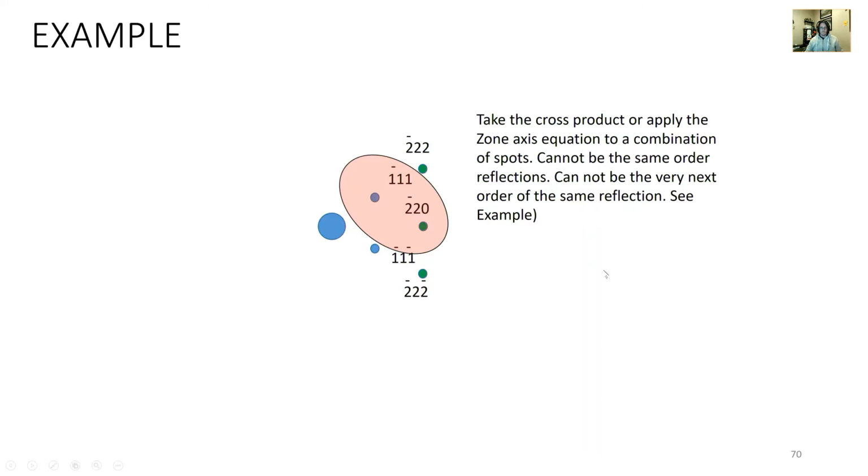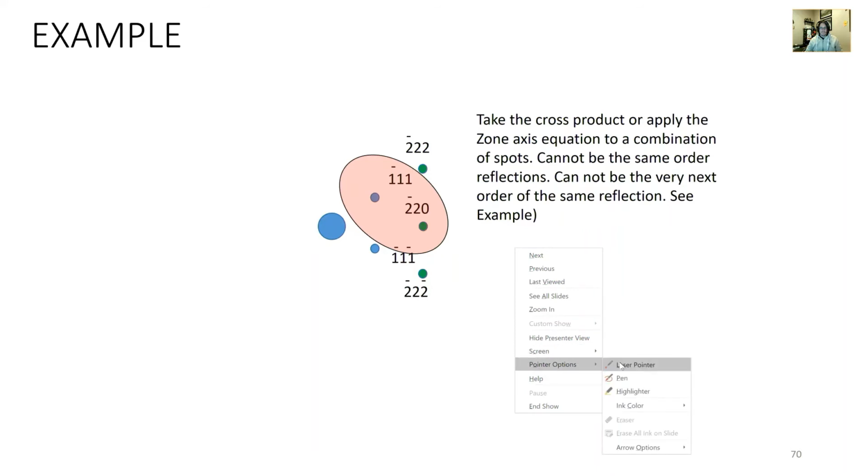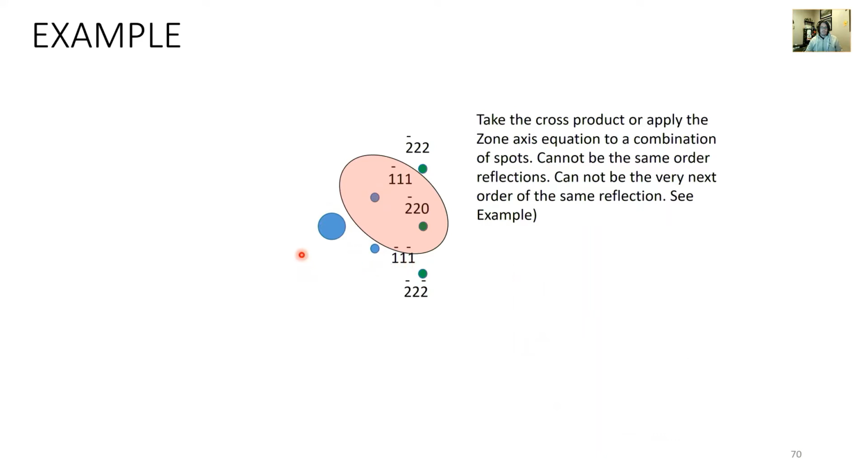There are some rules, and you can't use the same order of reflection. So if I pick 1, 1, 1 here, I can't use 1, 1, -1. And I also cannot use the very next order of the same spot. So if I pick 1, 1, 1 or -1, 1, 1, I can't pick -2, 2, 2.